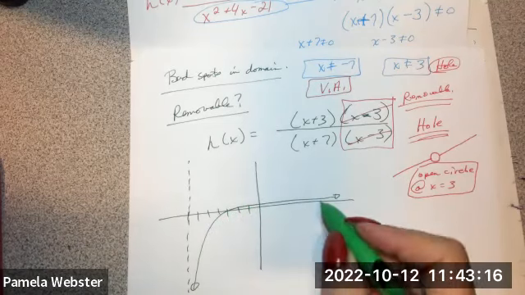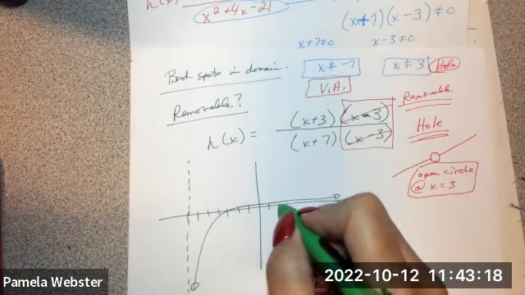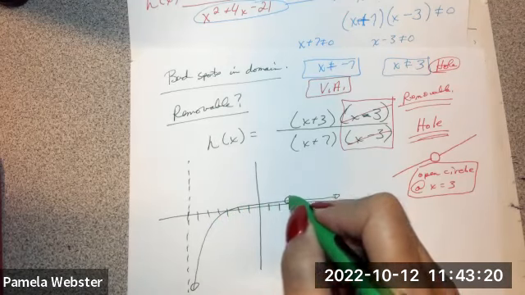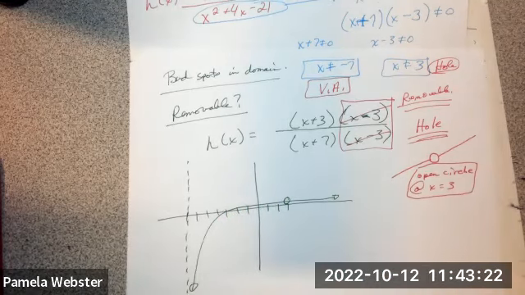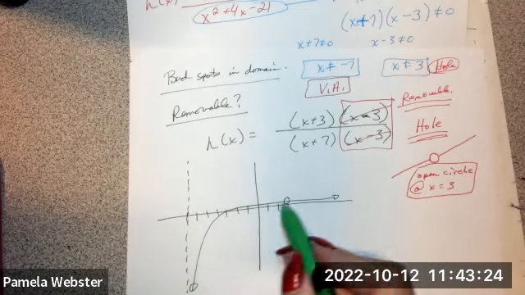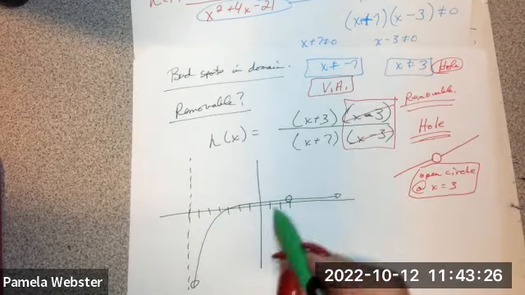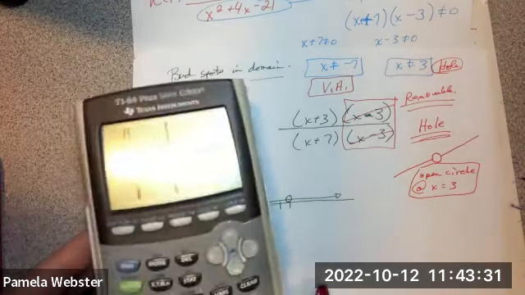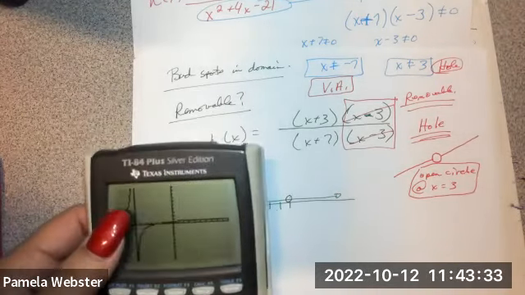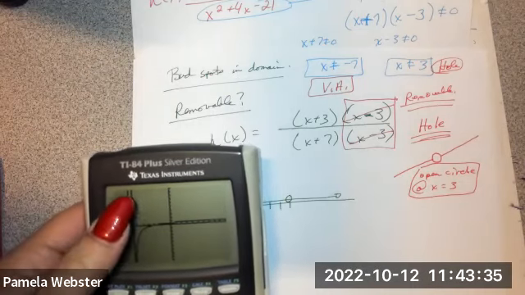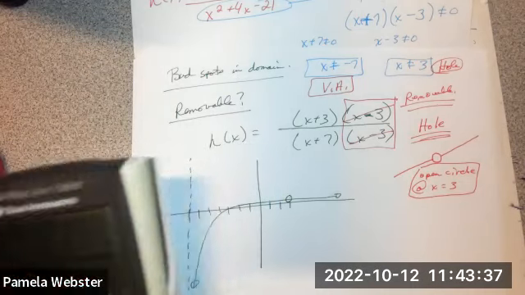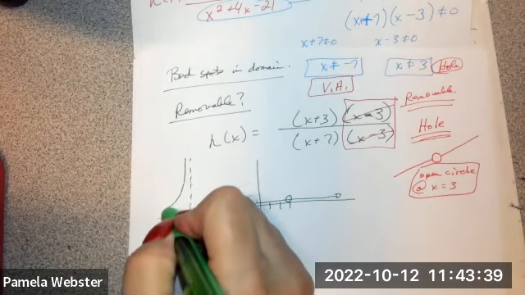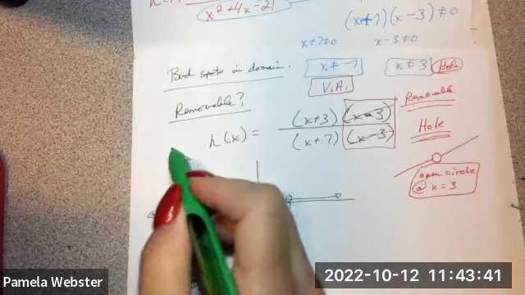We'll try to find those things later. But at 1, 2, 3, there's a hole. Okay, that's one piece. That's this piece on the right-hand side. But remember, on the left-hand side, there's another piece, and that's what makes this guy rational, right? It's pieces. So it's right there. Okay, so it's on the left-hand side of this asymptote.